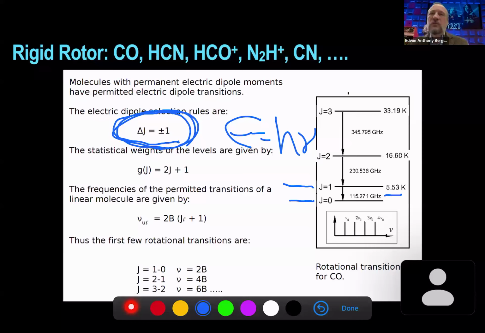And why is it plus or minus 1? It has to do with the molecular physics of that molecule and the selection rules that are allowed by the rules of quantum mechanics. So this is pretty neat. When radio astronomy first got going, CO was the first molecule detected, by Bob Wilson of Penzias and Wilson fame, the CMB.